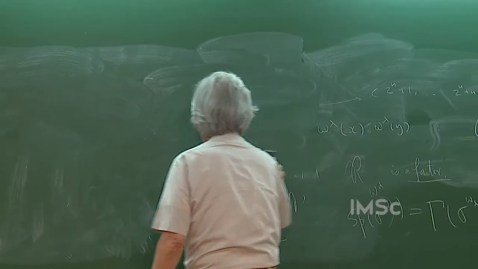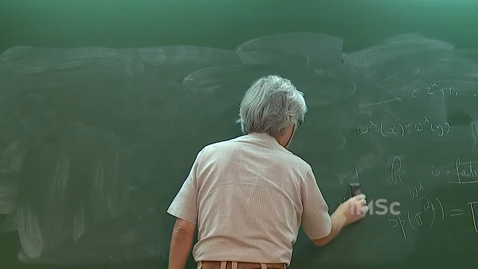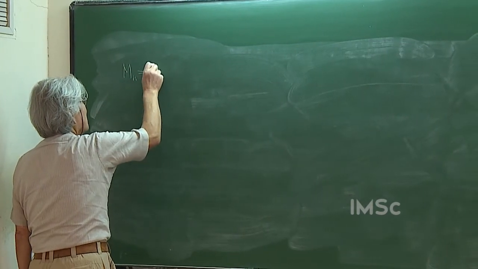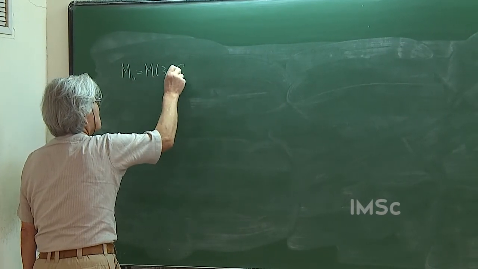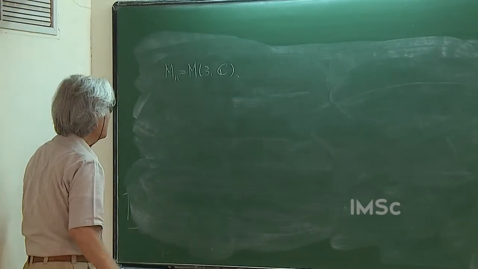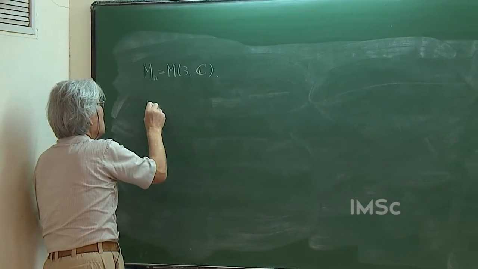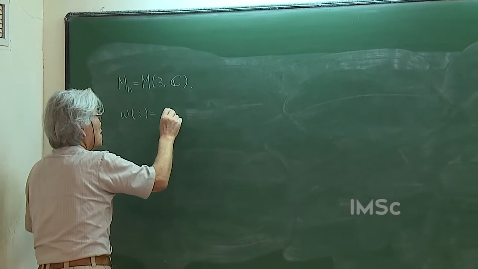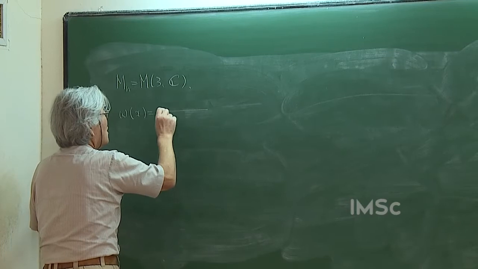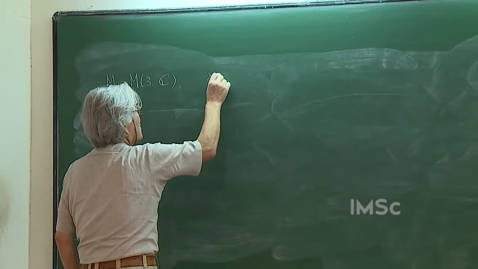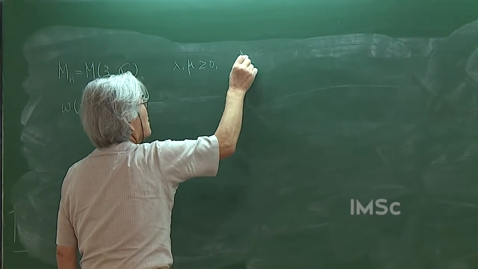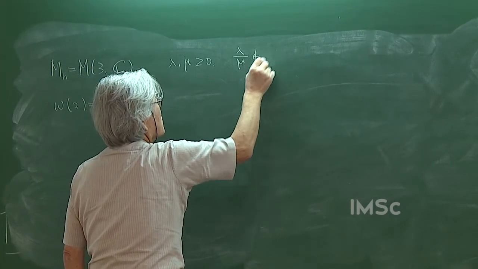Now we want to have a concrete construction of type III_1. Now instead of 2 by 2, I take a 3 by 3 matrix, and omega of x equal to: you take lambda, mu positive, and lambda over mu is not rational.